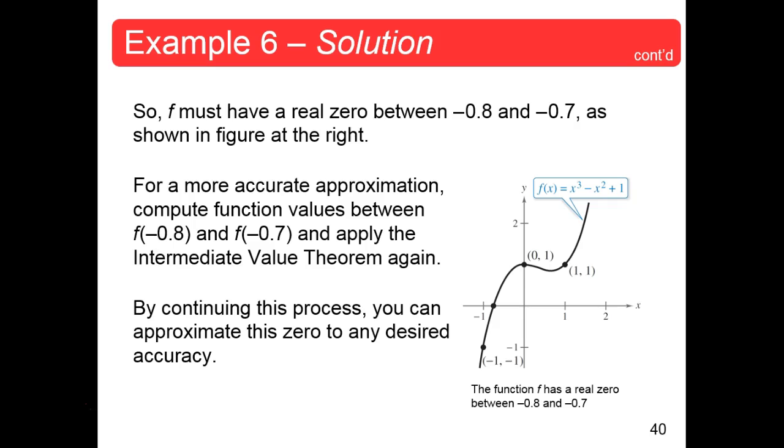And number C, the ordered pair a, 0 is an blank of the graph of f. X-intercept, you got it. Number 5, when a real zero, x equal a of a polynomial function f is of even multiplicity, the graph of f blanks the x-axis. It just grazes it, it touches it. Touches it, perfect. I usually say kisses it, but that's probably a little too intimate. Okay. And when it is of odd multiplicity, the graph of f blanks the x-axis, x equal a.